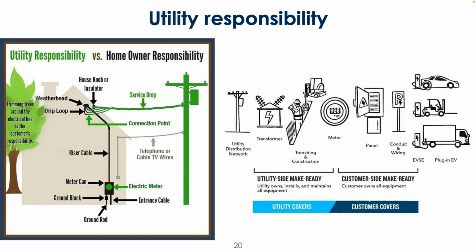Oh my gosh, I always get this mixed up, but this is upstream, and this is downstream, right? I think, yes. Which one's behind the meter or in front of the meter? I don't know. Yeah, I always get that mixed up too. Behind the meter is customers.